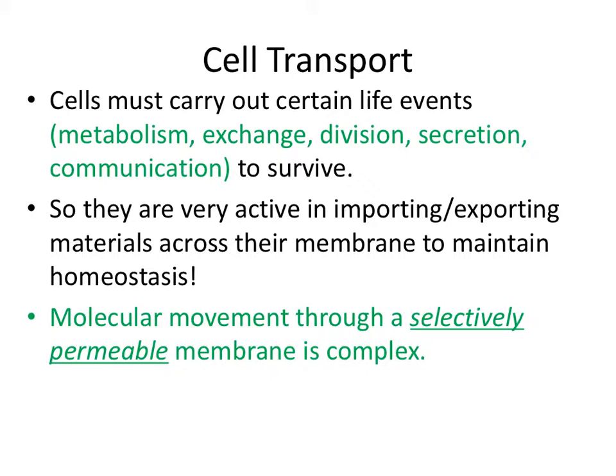And all of those things take place through importing and exporting across the cell membrane. The fact that it's a selectively permeable membrane determines how things move across the membrane and also how that is regulated. So it's a very complex process. We're going to skim the surface of it.